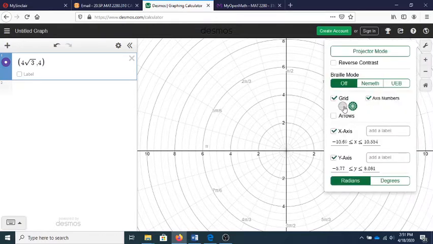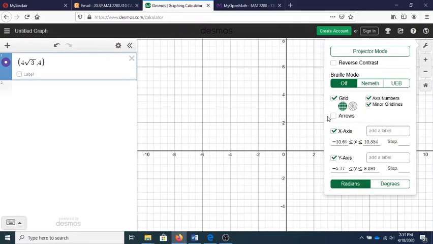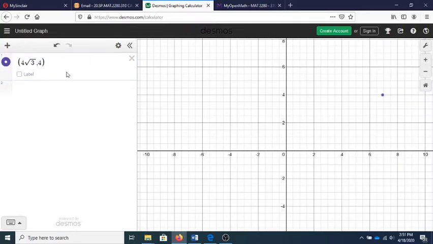So if I flip back to my rectangular grid, I can see that I have a point that is over almost 7, about 6.9, and up 4. So these are rectangular coordinates we put in, and I can see that they're rectangular here.